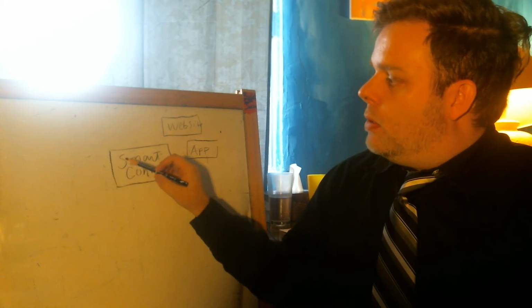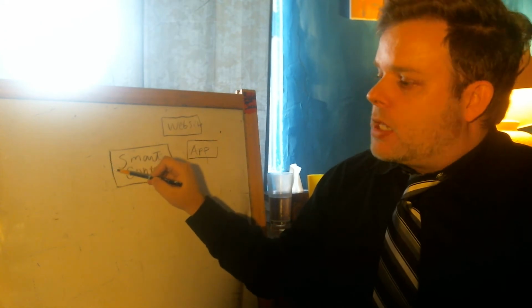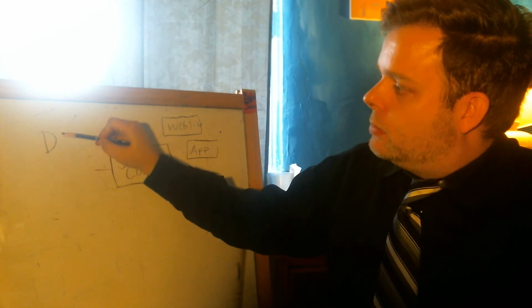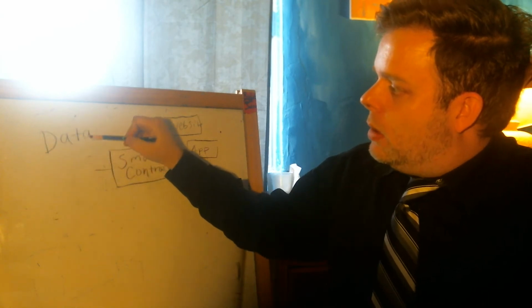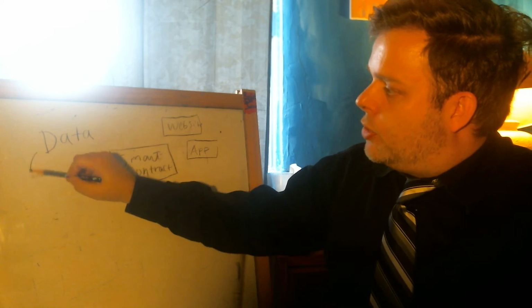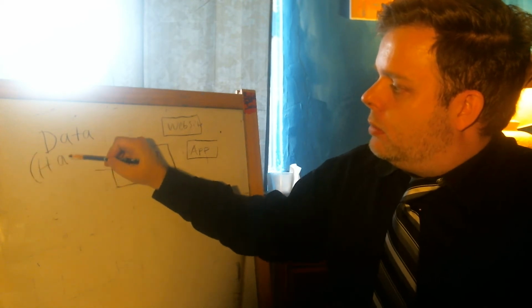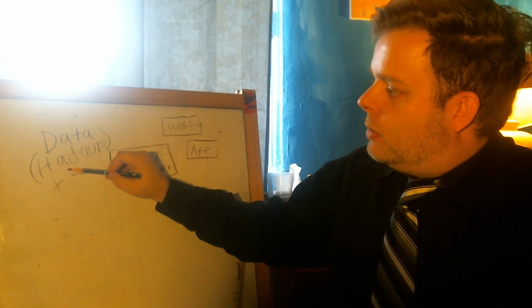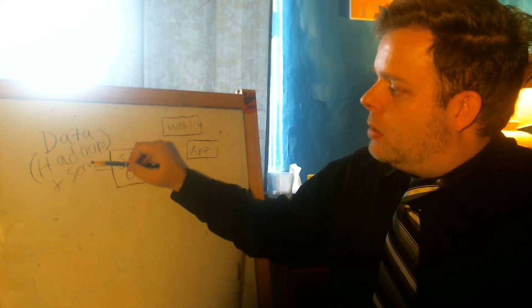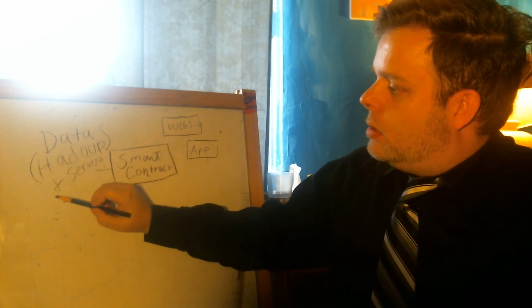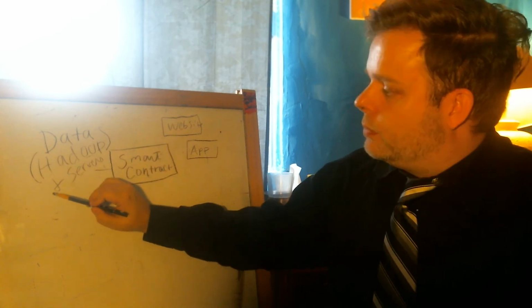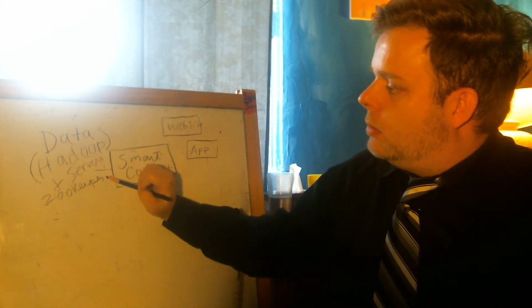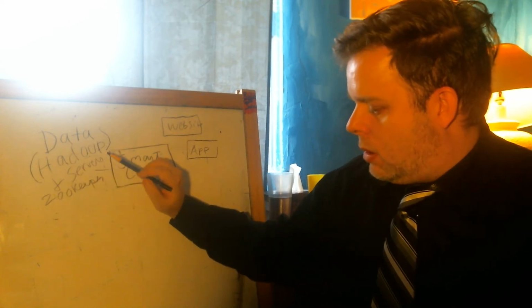So, some things that you can put into place are data tools, such as Hadoop, and servers, for example, Zookeeper, along with Kafka.